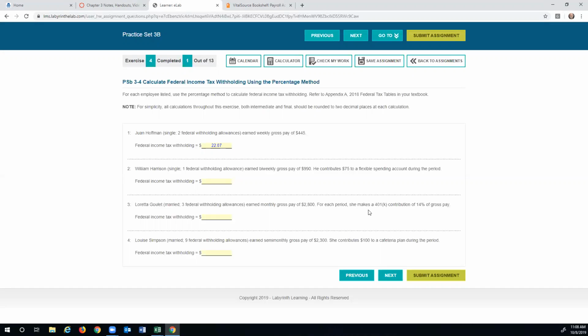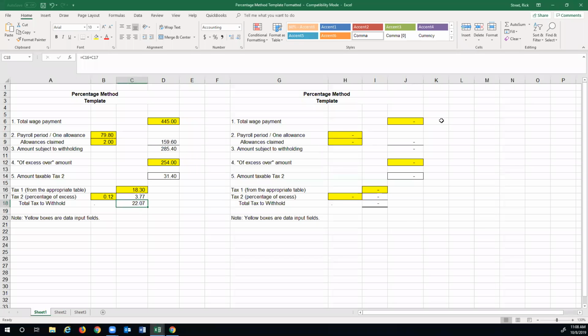And for each period, she makes a 401k deduction of 14%. So the first thing that we have to do is figure out what the taxable income is. Let's go back to our table here. I'm just going to put on the side here that she makes $2,800 and her 401k is 14%.